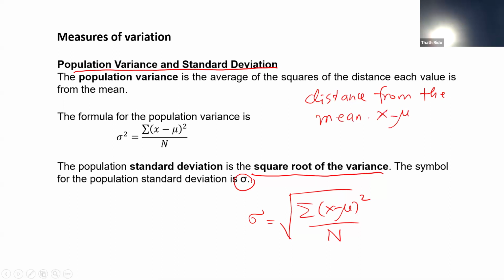We square the distance from the mean and divide by the total number of values, and we get the average. But you may ask, why do we need to square this? Why not just sum this distance and divide by n? If we sum the distance without squaring it first, we will get 0. That means we cannot divide when our numerator is 0.